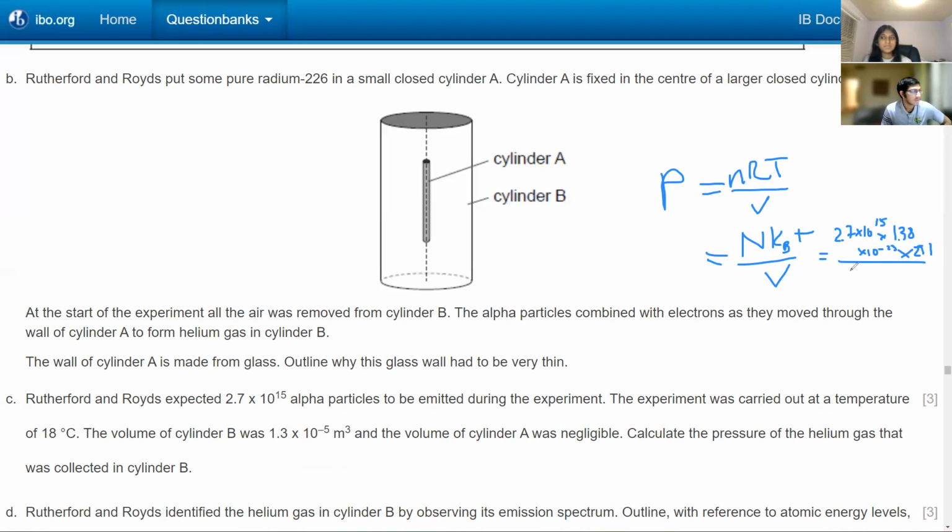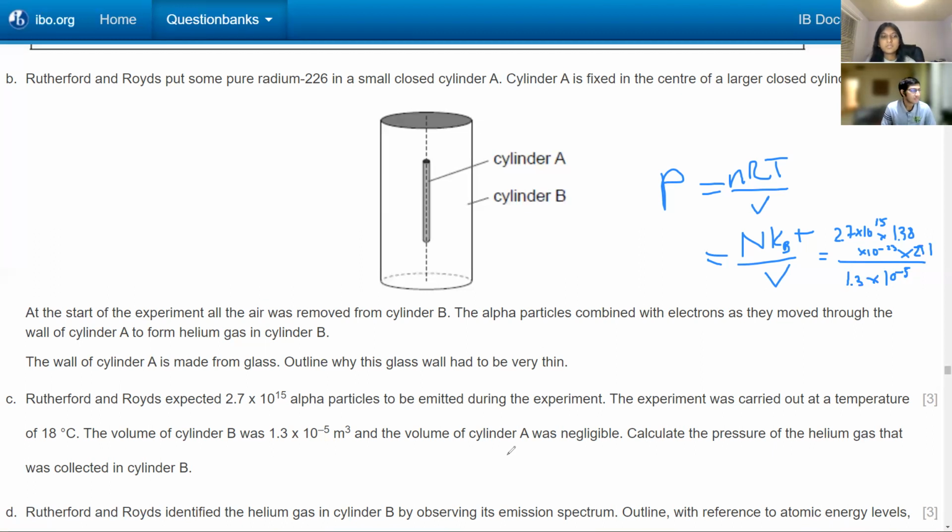Now we really need a calculator. You put this all in: 2.7 times 10 to the 15 times 1.38 times 10 to the negative 23 times 291, over all of that.